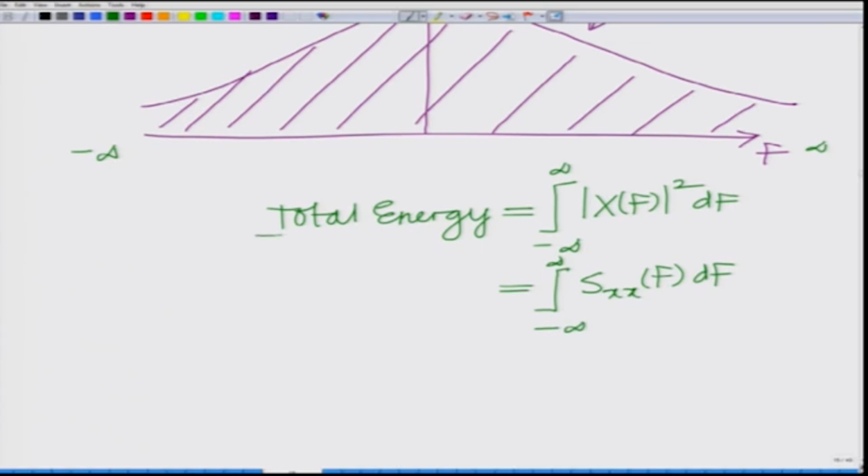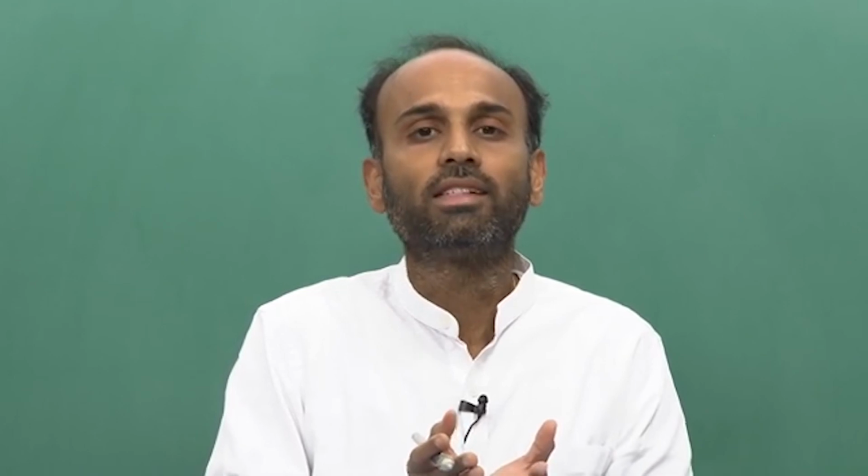So, this is the total energy of the signal. The total energy of the signal is given by the area under the function S x x f from minus infinity to infinity, that is integrated over the entire frequency band.